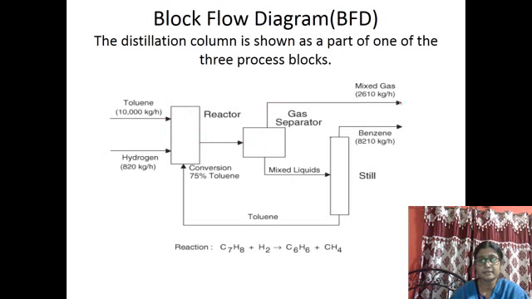The gas is separated, and from the lower portion, the liquid is again sent to another tank for second level separation. From that, benzene is separated, and the lower portion liquid is toluene, and that is again fed to the reactor for conversion.